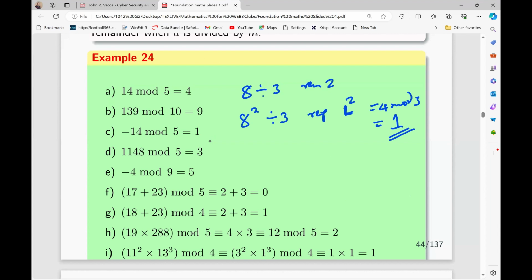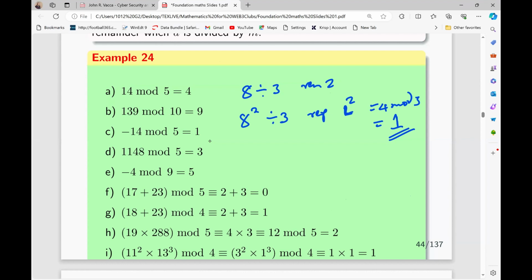If 8 is divided by 3, the remainder is 2. So what I'm saying, if 8 square will be divided by 3, the remainder will be the same as the remainder when 2 is squared and divided by 3.